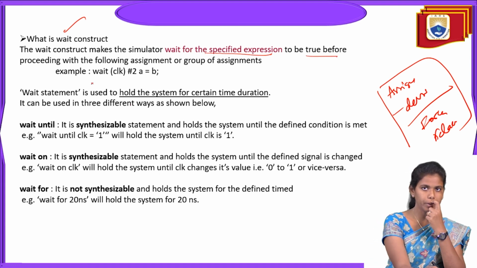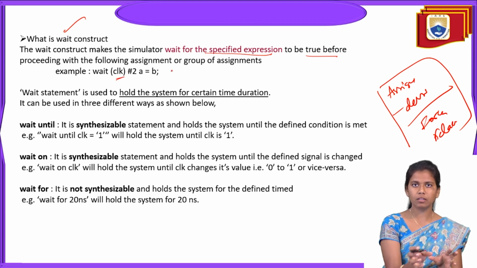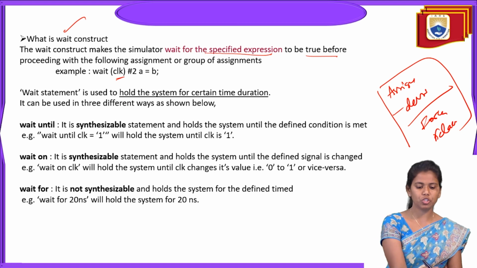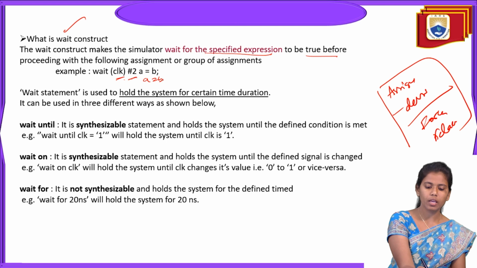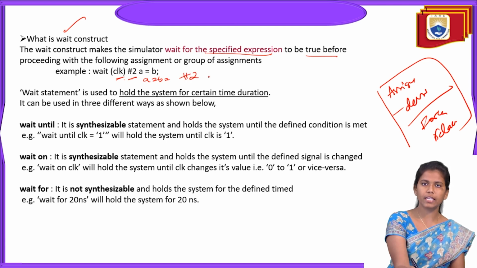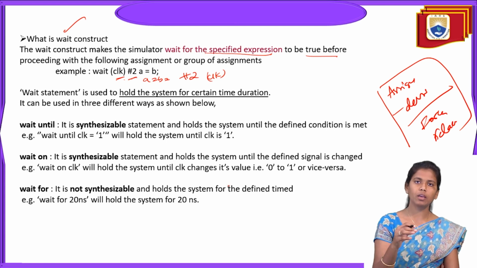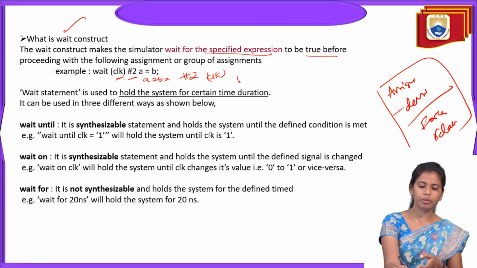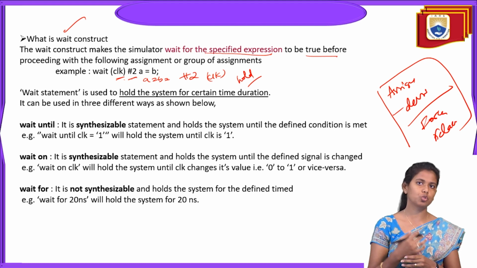That means, for example, wait for the clock. Using the wait construct, we are just making that statement stay in an idle position. For example, wait for a delay of 2 seconds, then A is equal to B. We are making that particular assignment statement stay in a hold position, unless and until a true condition is satisfied.